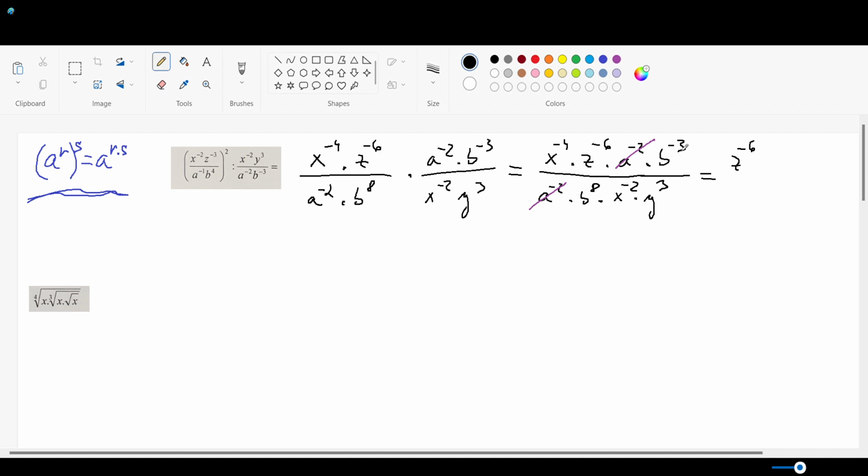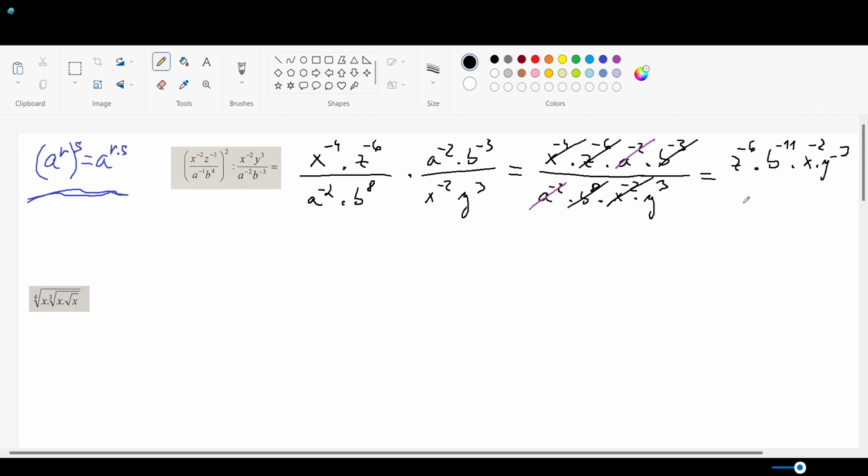B, okay, this is gonna be times b, negative 3 minus 8 is negative 11, so I'm done with this, just to be sure that I did all the things properly. X, so it means negative 4, take away negative 2, which means negative 4 plus 2, so this is x to the negative 2, and the last thing is y to the negative 3.